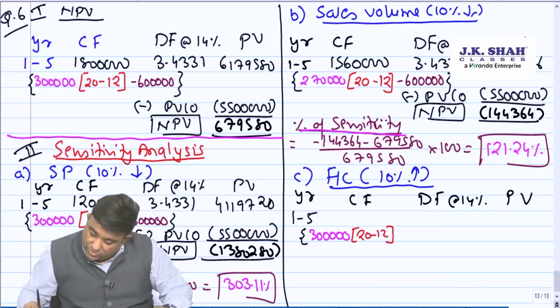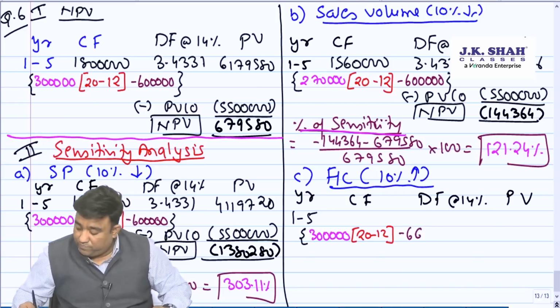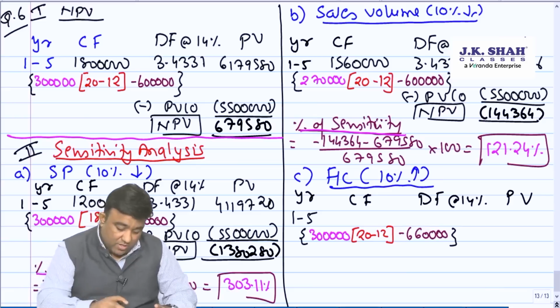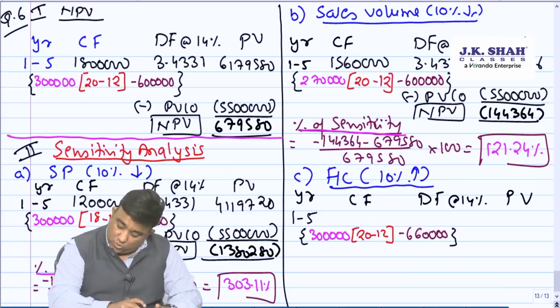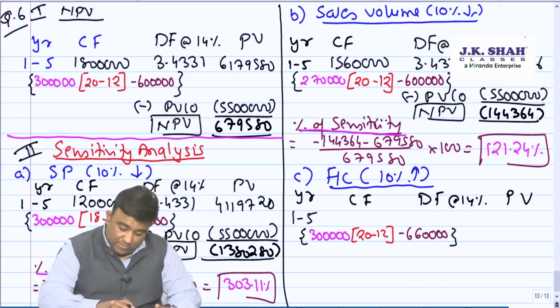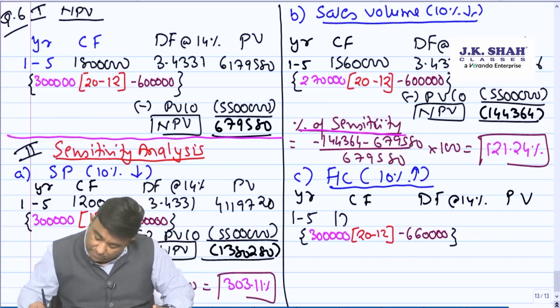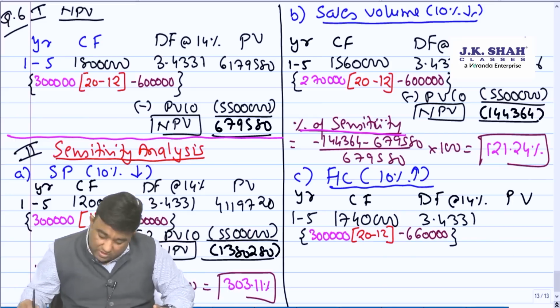But fixed cost will now be 6,60,000. Can I compute the answer? So 3 lakh into 8, 24 lakh minus 6,60,000 is 17,40,000, to be multiplied with 3.4331.